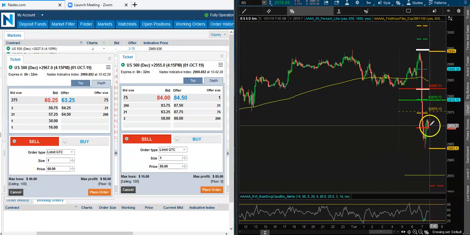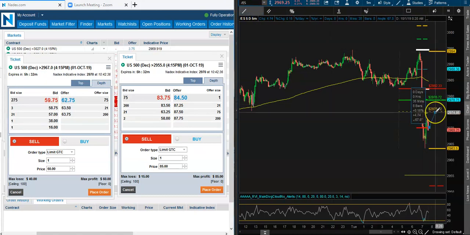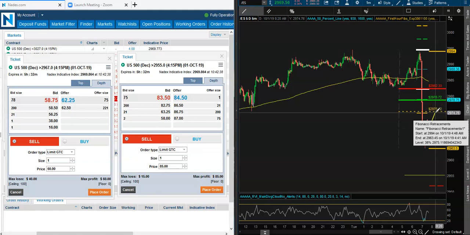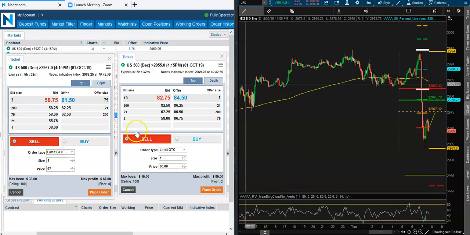But if price does keep going higher and we don't roll over right now, then I could look to maybe add a second contract of this same 67 at maybe $67. That makes sense? No, I didn't quite get that one.